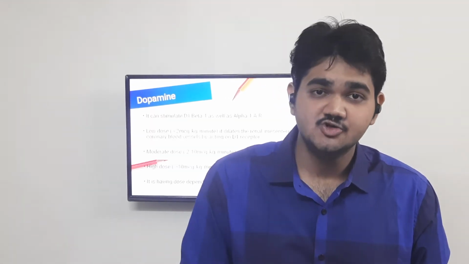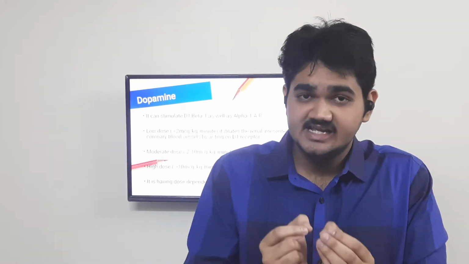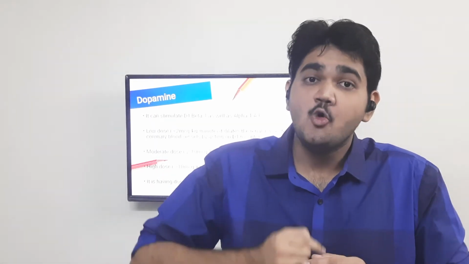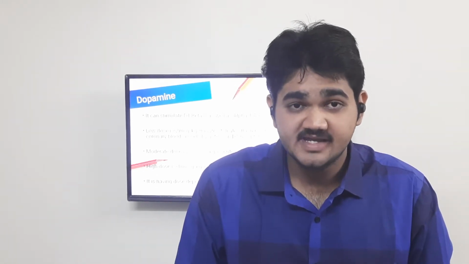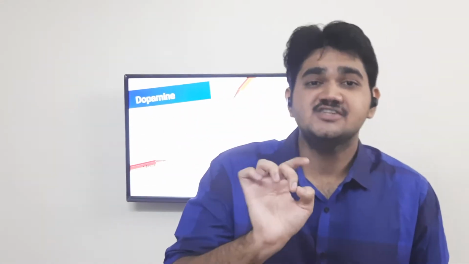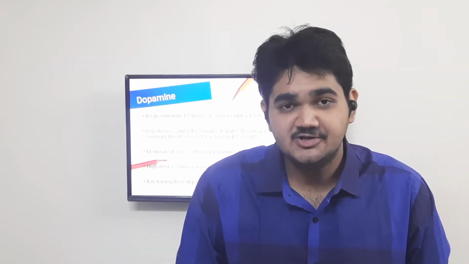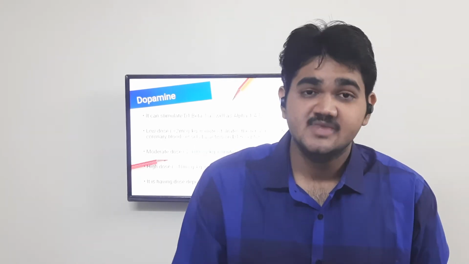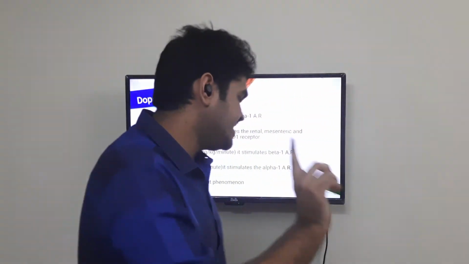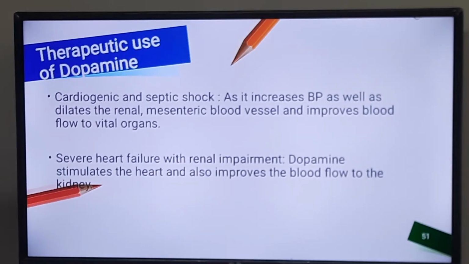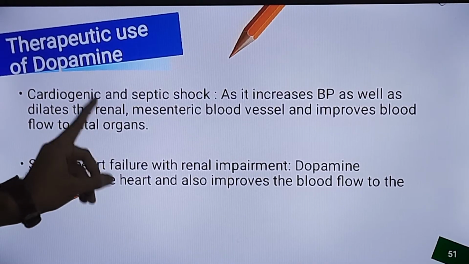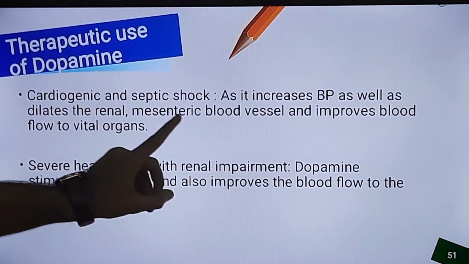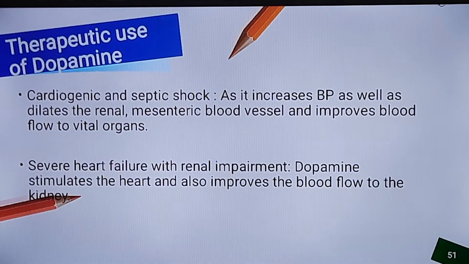So D1 की जो vasodilatory करने की power है, that overpowers our alpha 1 action, so there will be relatively more vasodilation as compared to vasoconstriction. Remember that. And very importantly, by our D1 action, it dilates our renal and mesenteric blood vessel and improves the blood flow to the vital organs.